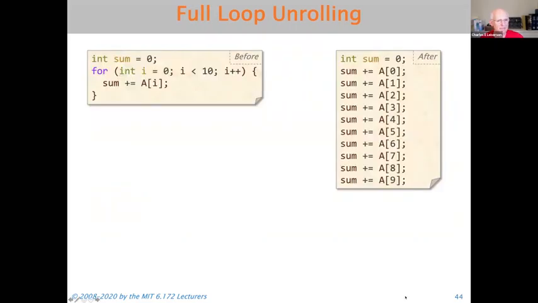Here's an example of full loop unrolling. On the left, we have code that simply adds up 10 numbers in the array A, and on the right, we add up the numbers without a loop. As you can see, we're doing a lot less work on the right-hand side because there is no loop control. The downside is that I have made the code bigger.